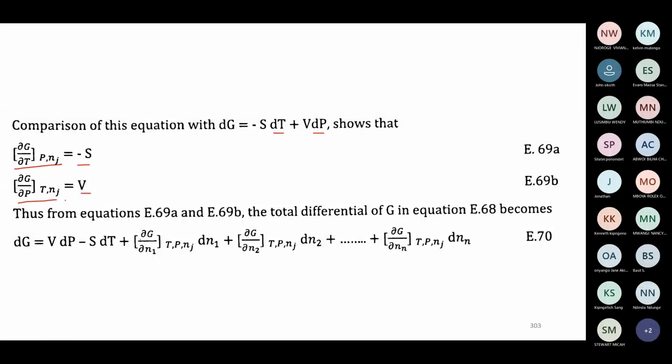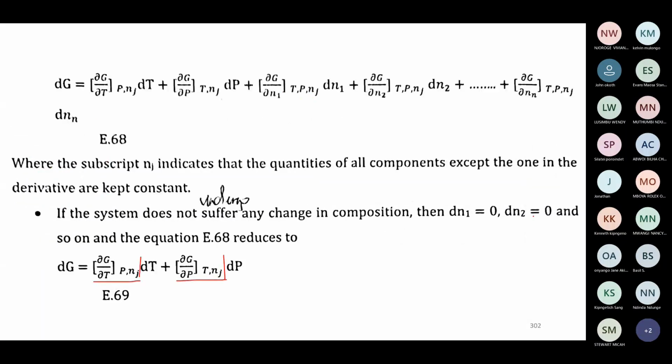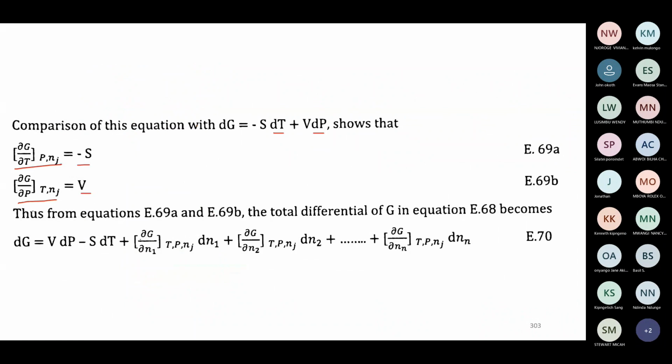So from these two equations up here, the total differential of g in equation E68 can change. So this was E68. We have equated this coefficient to something, and we have also equated this one to something.